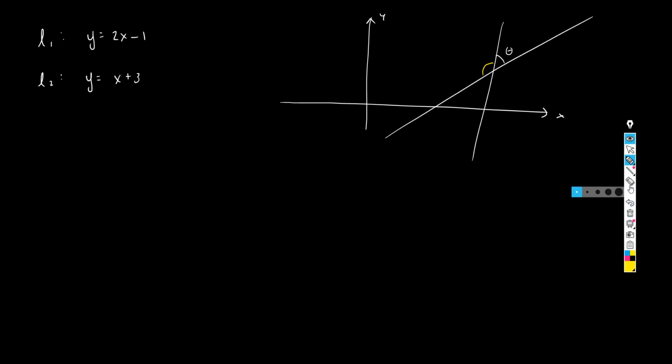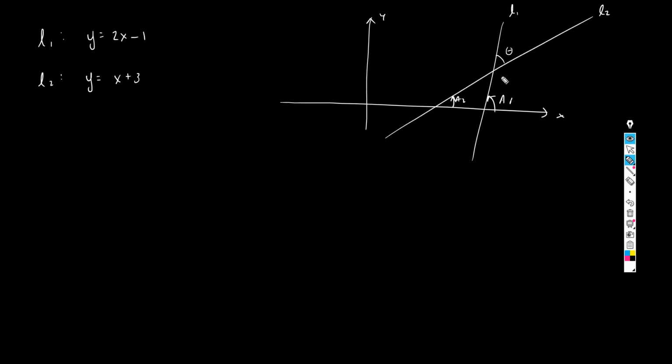And we can find that angle if we know, let me call this line 1, line 2. Remember, what is this? This is the angle of line 1, and this is the angle of line 2.